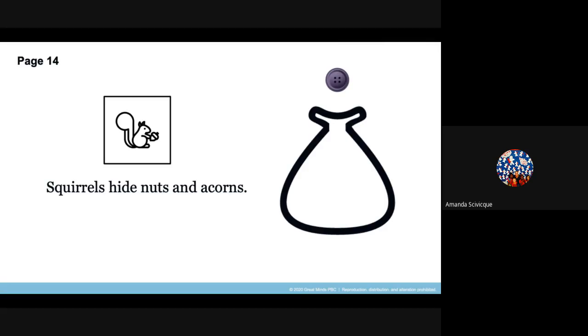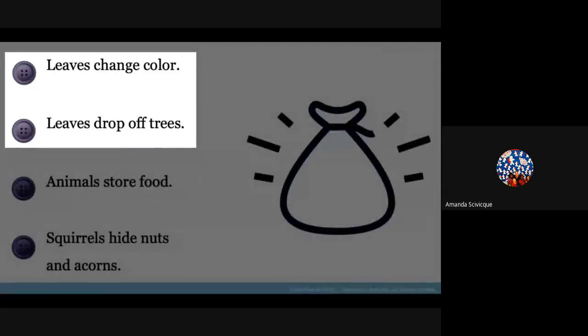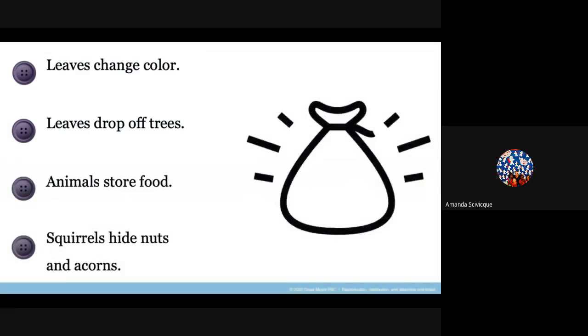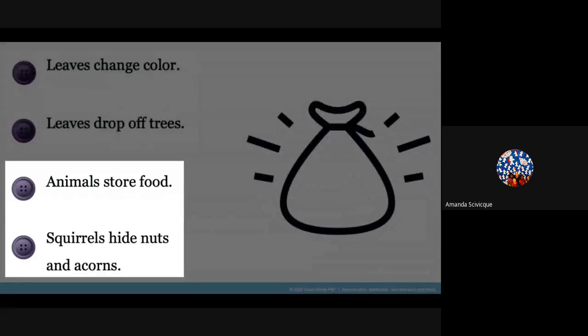Let's take a look at all the details we collected and think together to determine or figure out the topic. The leaves are changing colors and dropping off the trees. I'm beginning to think that the tree is changing and getting ready for winter. Animals are storing and even hiding food.